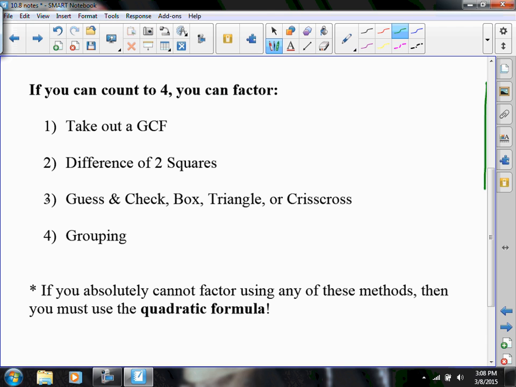Our third step is to do guess and check or the box method for any type of trinomial. So trinomial, remember, tri means 3. That's our third step, so we're going to look for a trinomial. And then our fourth step is to do grouping, and that's if we have a polynomial with 4 terms.